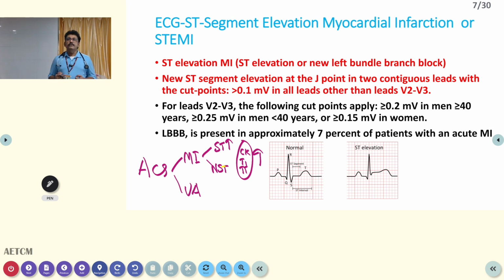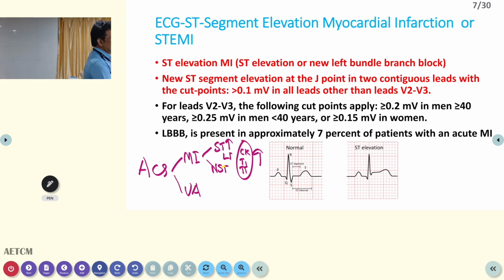For lead V2, V3, the following cutoff points can be considered: more than 2 millivolts in men over 40 years, more than 2.5 millivolts in men less than 40 years, and in women it is more than 1.5 millivolts. New onset LBBB is also considered as a ST elevation MI.